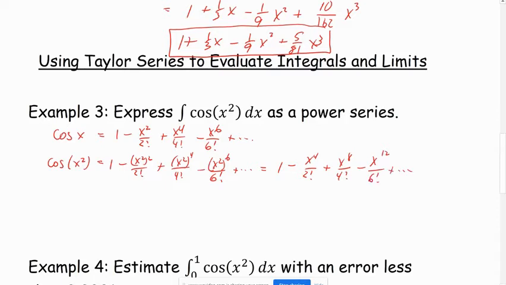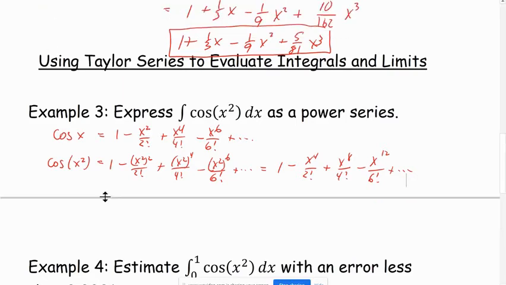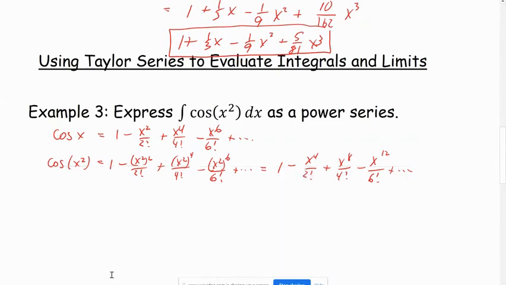And so now we can evaluate this integral by finding the integral of that infinite series. And so the integral of cosine x squared is equal to the integral of 1 minus x to the 4th over 2 factorial plus x to the 8th over 4 factorial minus x to the 12th over 6 factorial.